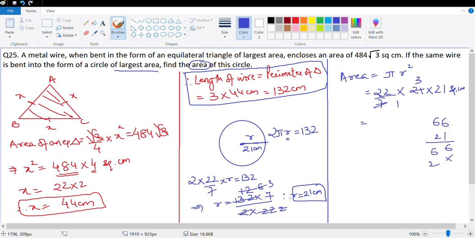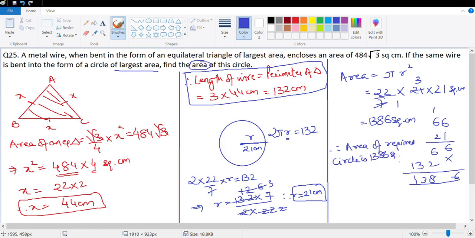This is 2 sixes are 12. 2 sixes are 12 and 1, 13. So this is 6831. So this is 1386 square centimeter. Therefore, area of required circle is 1386 square centimeter.